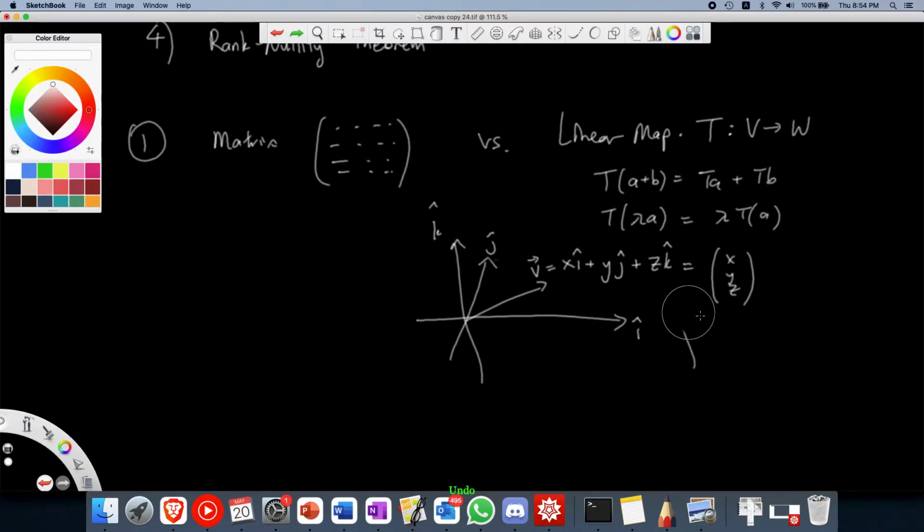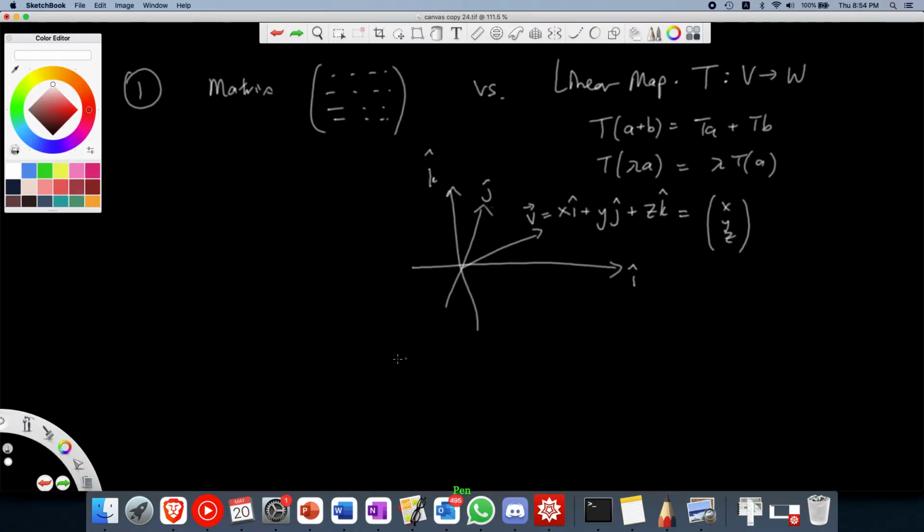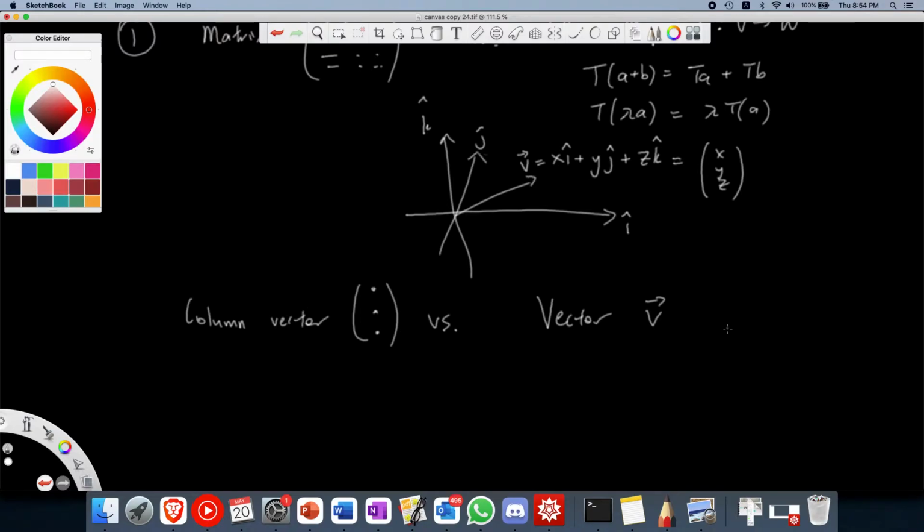In order to first understand the difference between a matrix and a linear map, we first discuss the difference between a vector v versus a column vector. A column vector is an n by 1 matrix, in a sense: a vertical list of numbers, and a vector is an element of a vector space. When you have a vector, it lives in some abstract space, and you make a choice of a basis.